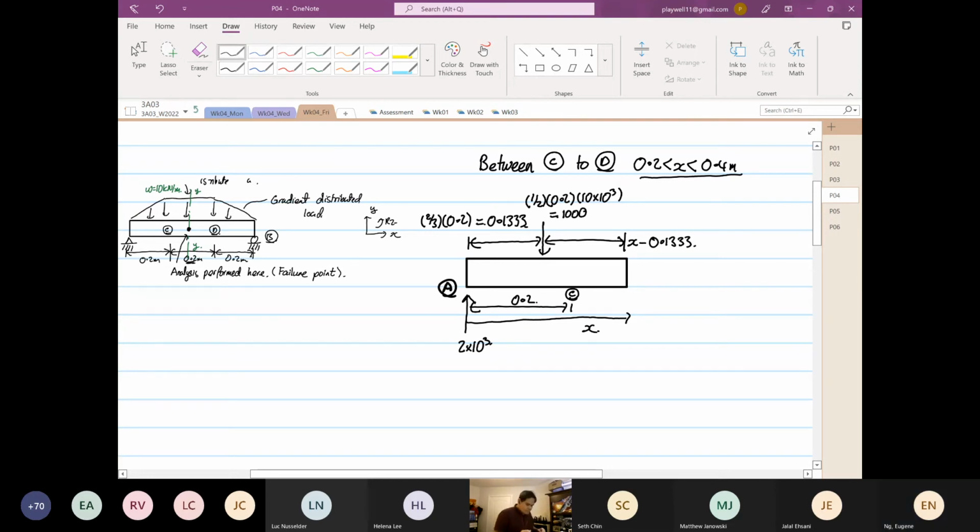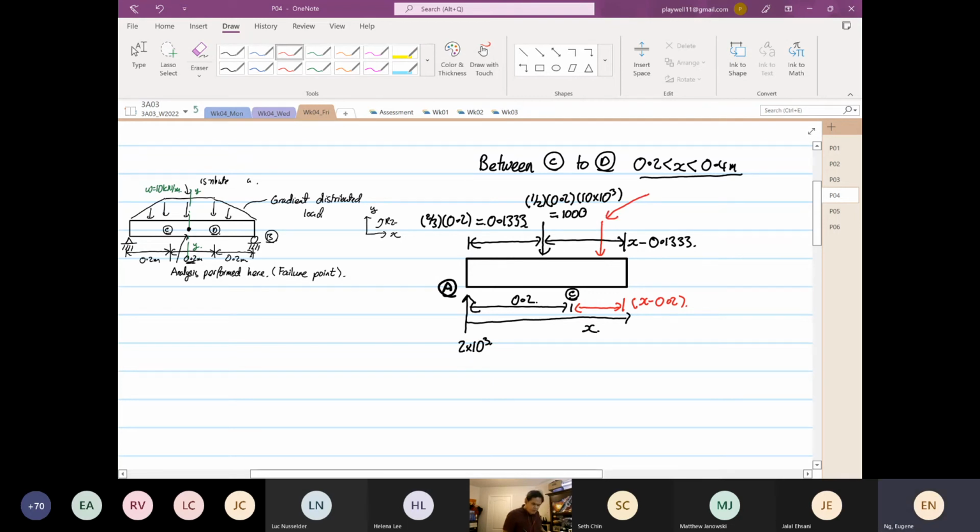Now, at point E, I'm going to change color. Okay. From C onwards, you have an evenly distributed load. And the distance from here to here is x minus 0.2.